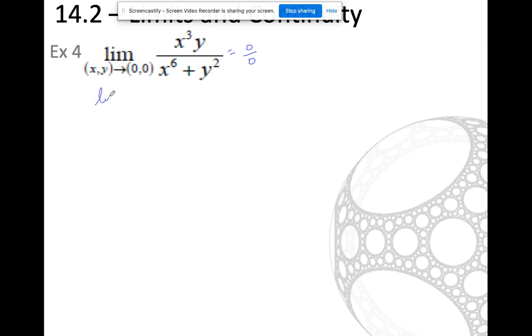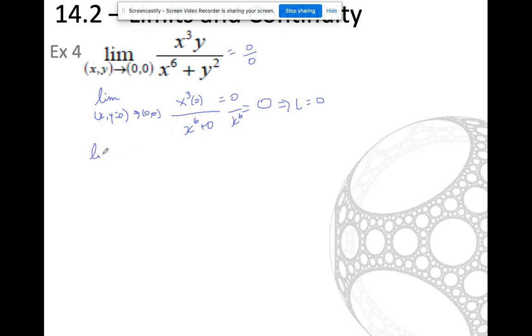If I do the horizontal path, again, this reduces to 0 over x to the 6th, which the algebra reduces to 0. The limit of the constant 0 is 0. That's going to happen for the vertical as well.